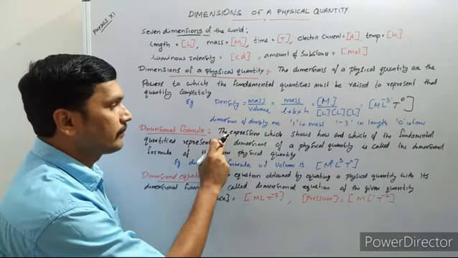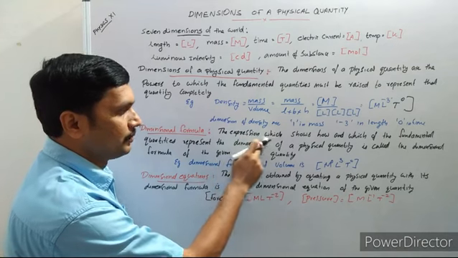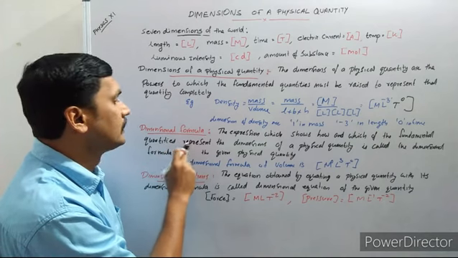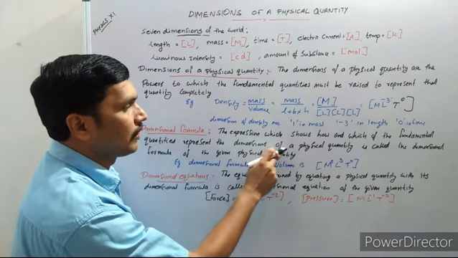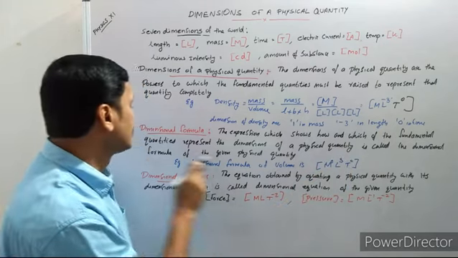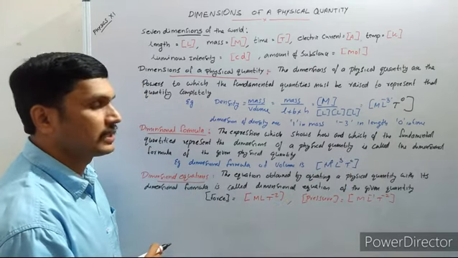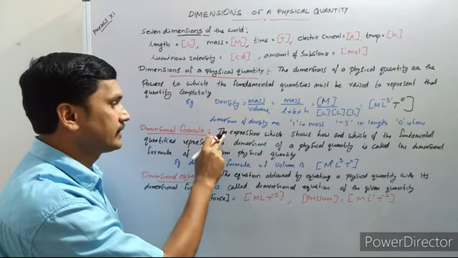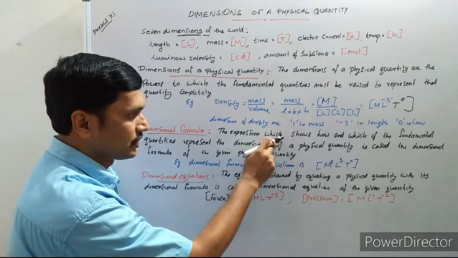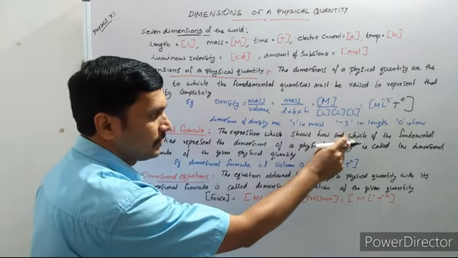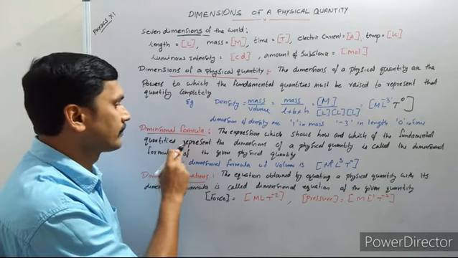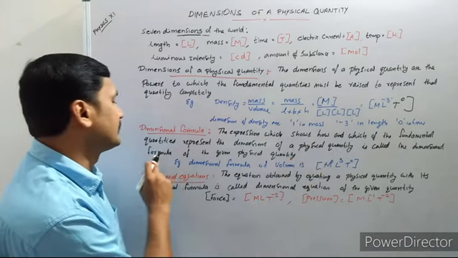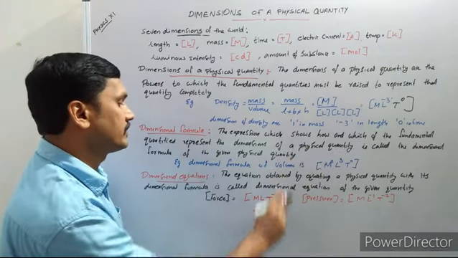The expression which shows how and which of the fundamental quantities represent the dimensions of a physical quantity is called the dimensional formula of the given physical quantity.